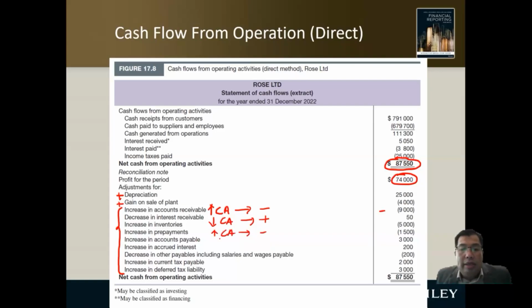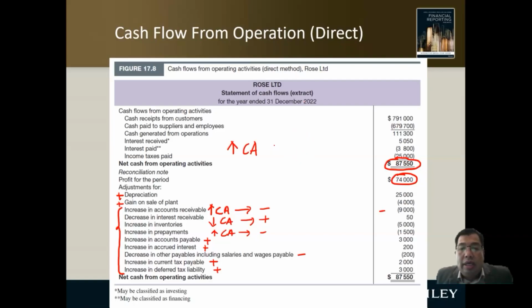Increase in accounts payable, you're going to plus. Increase in accrued interest, you're going to plus. Decrease in accounts payable, including salaries and wages, minus. Increase in current tax payable, you're going to plus. And increase in deferred tax liability, you're going to plus. So the formula is: increase in current asset, you're going to minus.